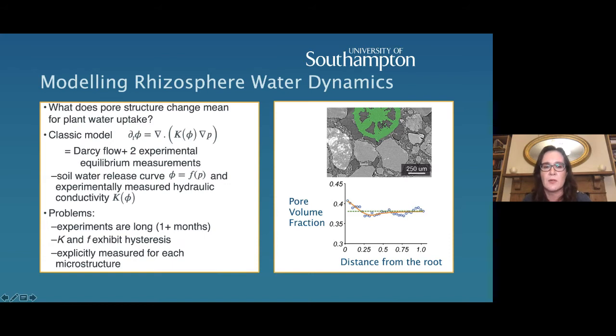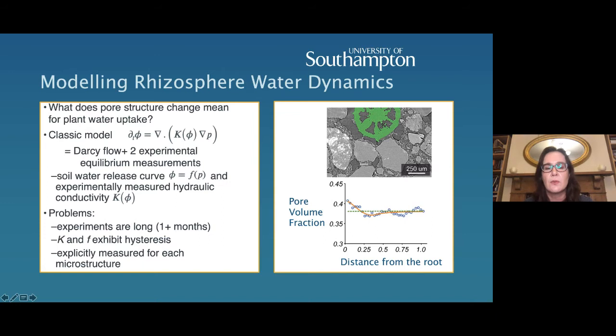So we wanted to know what the effect on water movement is from this soil mechanical particle movement due to the root having grown into the soil, because that determines what that pore structure change means for plant water uptake.